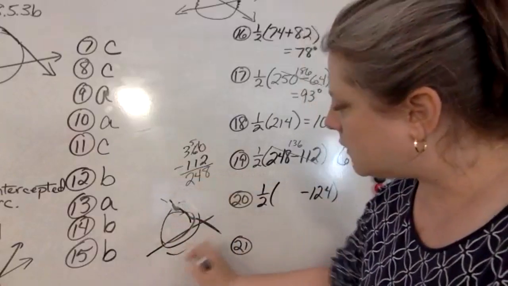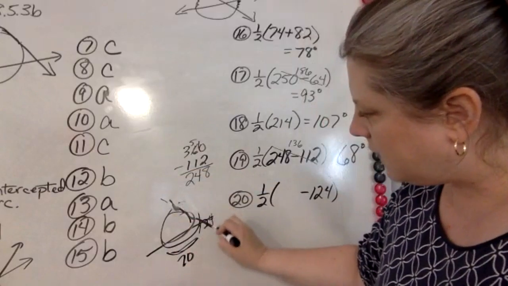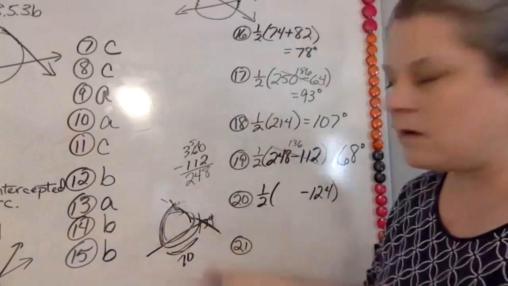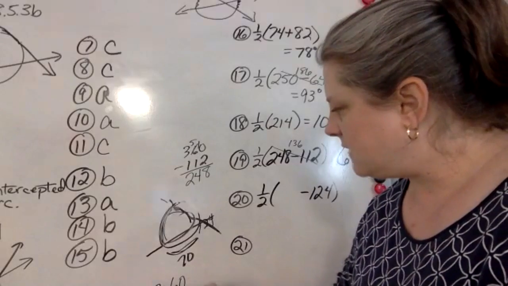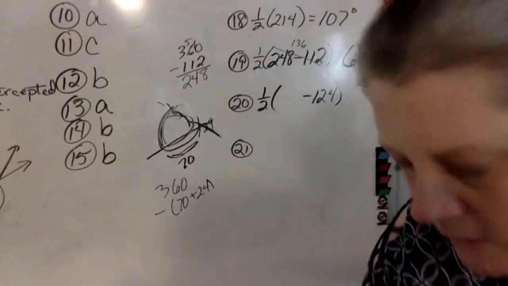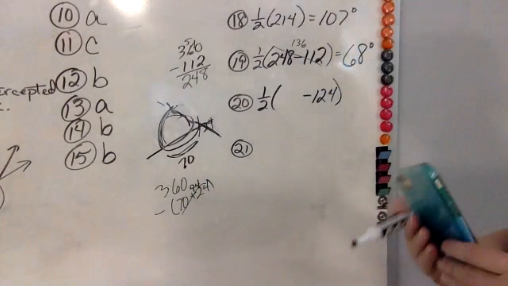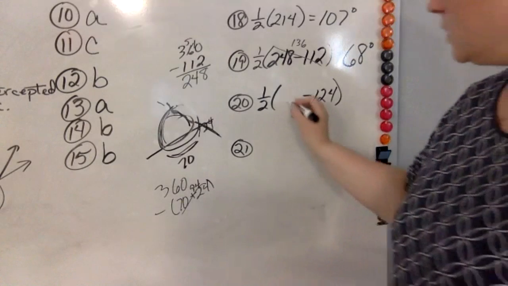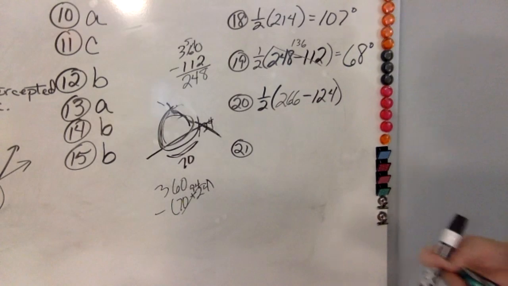So anyway, you've got this little piece down here that it told you is 70, correct? Yep. This piece in here was 124. So can I find this other piece that's missing? Yes. Because the whole thing equals 360. So you can take 360 minus the 70 plus 124. You have to add the 70 and 124 together first, and then subtract that from 360. 360 minus 194, 166.